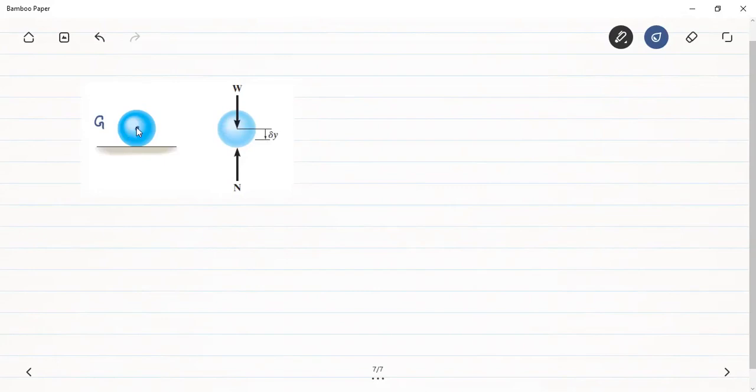If this is the initial position of the center of gravity, now let me say that the center of gravity gets displaced to its final position, and this G1 minus G2 will be equal to delta y.